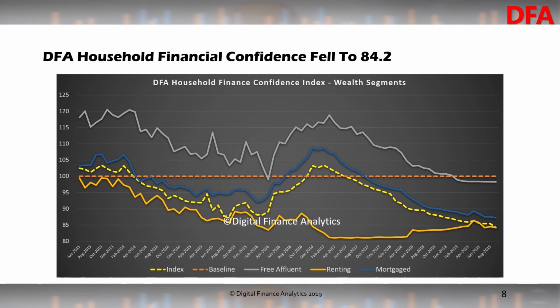And this is actually quite dramatic, because what this is saying is, and the dotted yellow line is the average for the whole of the household group. 84.2 is the latest measure, and this is lower than it's ever been, which is actually, it's on page 8, pretty amazing. And interestingly, even those without mortgages, so what I call free affluents, these are people with properties, with no mortgage, they're below the average as well, below the 100, right?